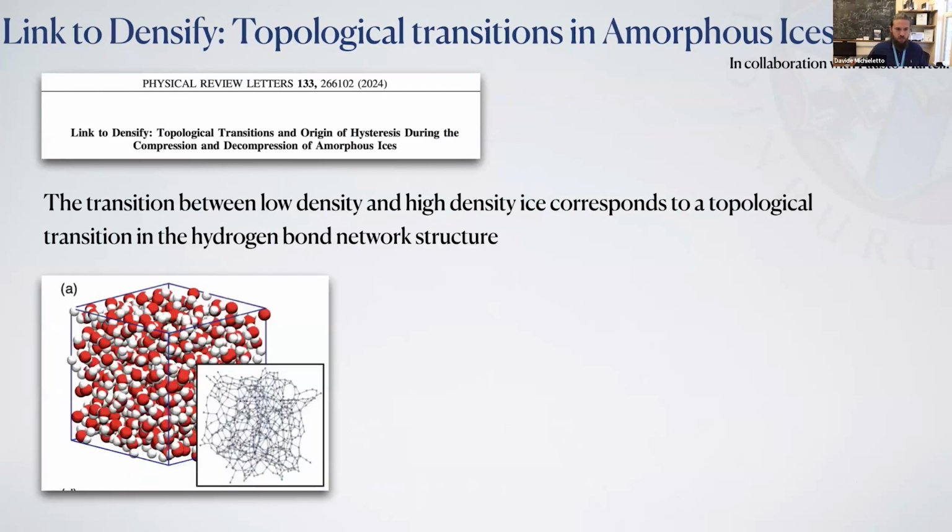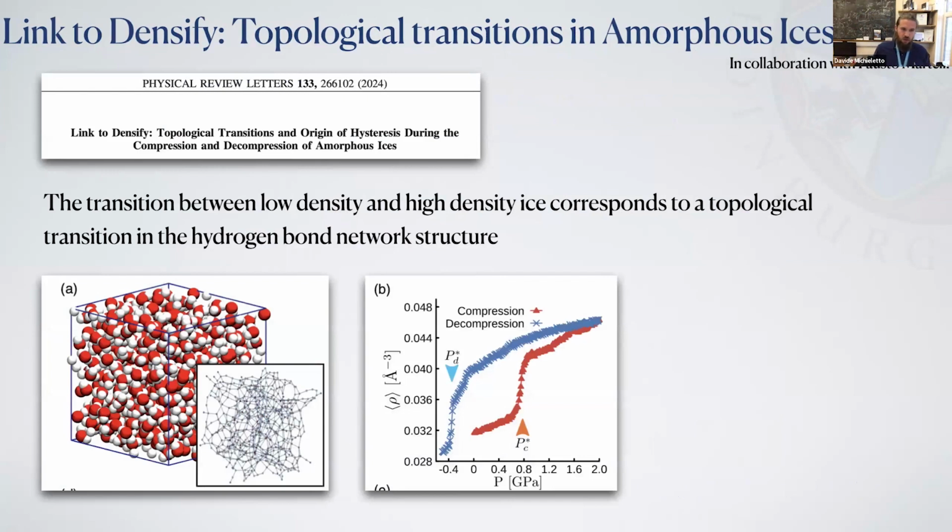In particular, he had atomistic simulations of compression and decompression of amorphous ices. And what you see is that during the compression phase, these are all simulations, you get a phase transition between two different amorphous ices, a low density one and a high density one.